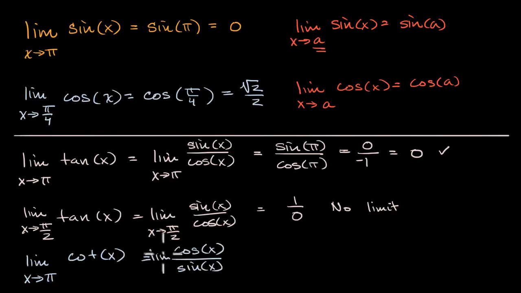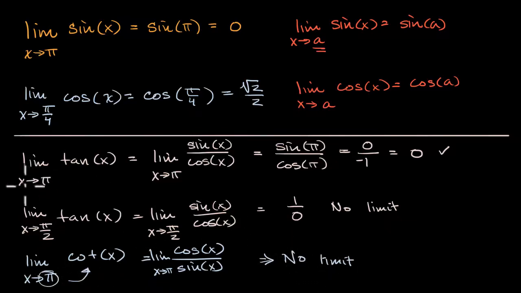Is pi in the domain of cotangent of x? Well, no. If you just substitute pi in, you're going to get negative 1 over 0. And so that is not in the domain of cotangent of x. If you were to plot it, you would see a vertical asymptote right over there. And so we have no limit. Once again, pi is not in the domain, so there's a good chance that we have no limit.